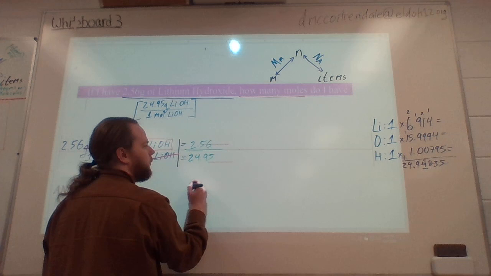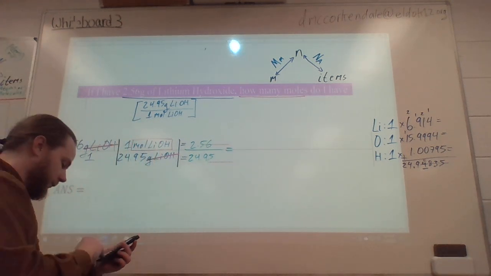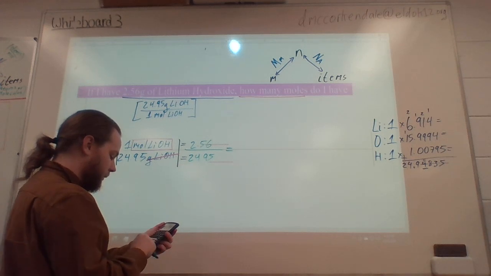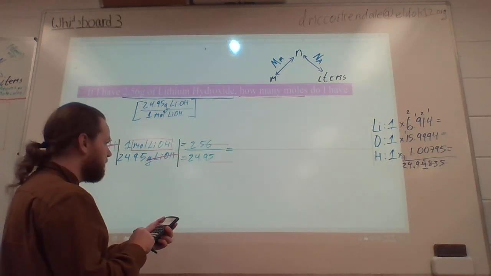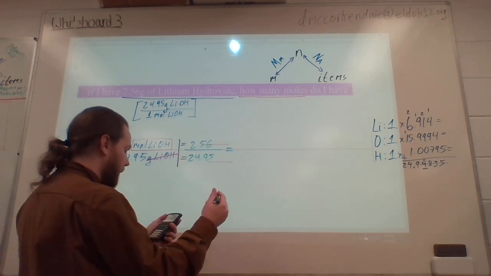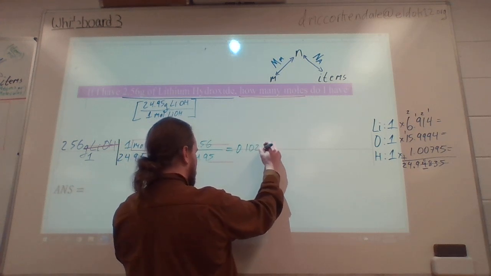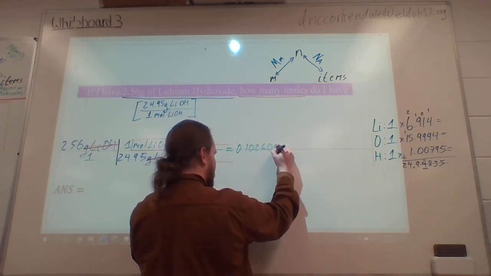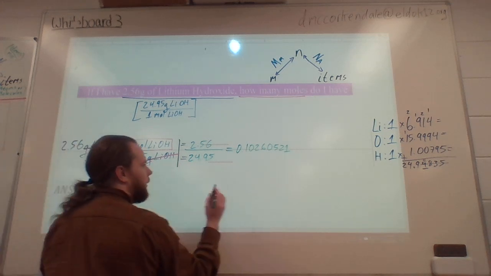Then we divide those two, and that is going to give us a number. That is going to give us 0.1026051, to which we add the units that are in this red box.